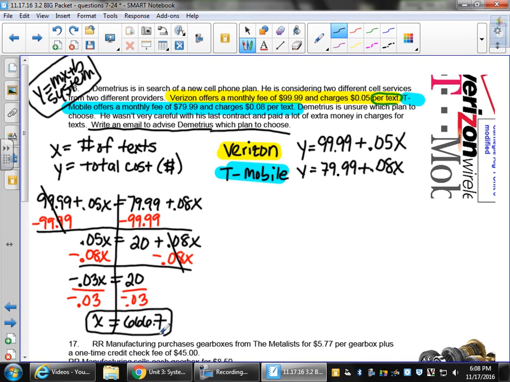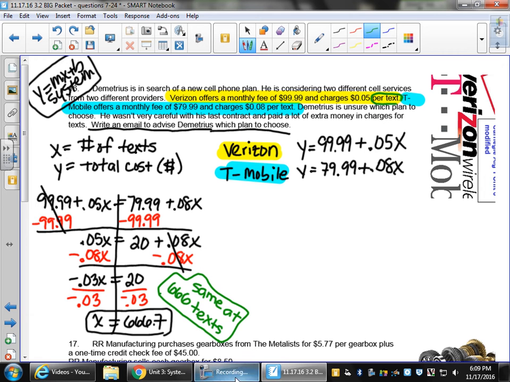So even though technically this might look like we round up, we will round down to 666 texts. So they're the same at that many texts.